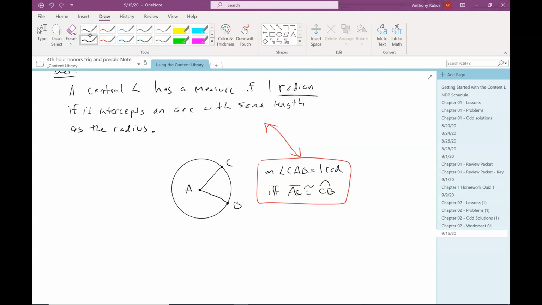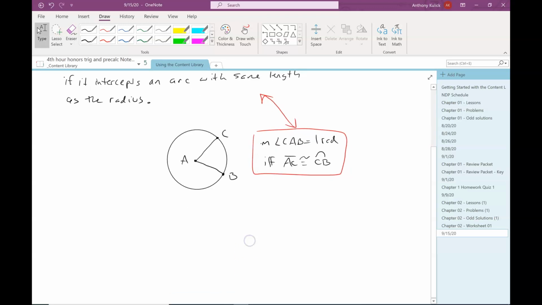So in our definition, it says that central angle is 1 radian if and only if the radius is the same length as the arc it intercepts. Everybody okay with that idea?